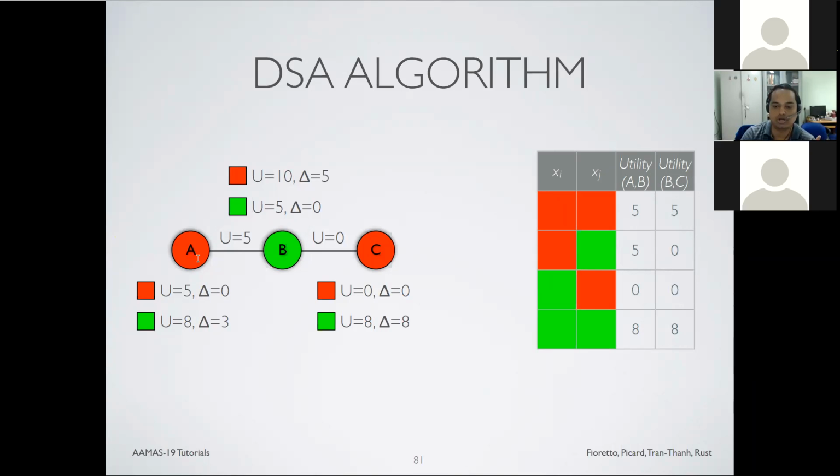So there is no question of improvement. Instead of red, if we choose A as green, so this is green, green, red. The value is 8, and this is 0. So 8 plus 0, 8. So instead of red, if we choose green, the improvement could be 3.